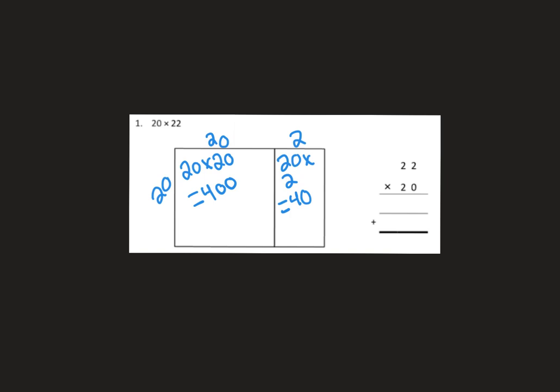Okay, so now we have to go over here, and we have to write this first line. We'll write what 20 times 20 is, which is 400. And I'll do it in a different color.